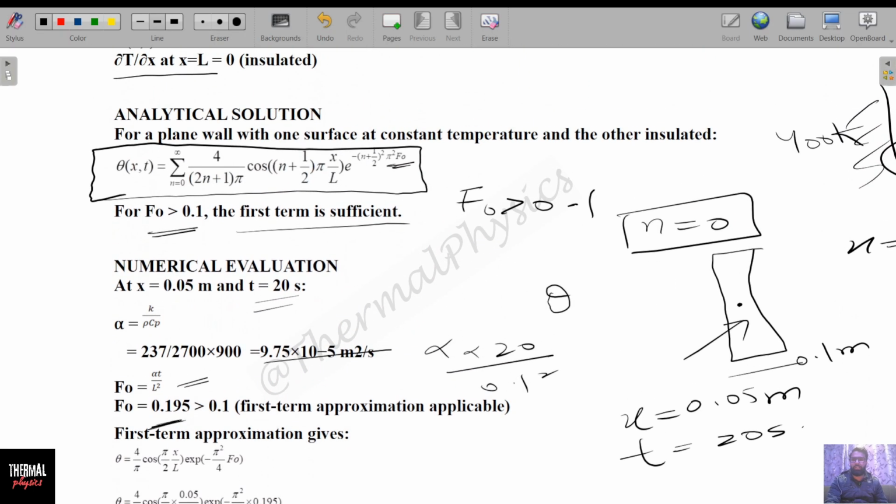That means we will use only the first term of this solution, which will give our value to higher accuracy.